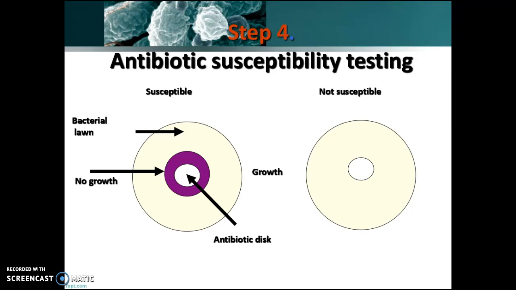If the bacteria is not susceptible, or in other words is resistant, it doesn't care about the antibiotic, so it can grow even near and under the antibiotic. So we can say that the bacterium is not susceptible, or the bacterium is resistant to the selected antibiotic.